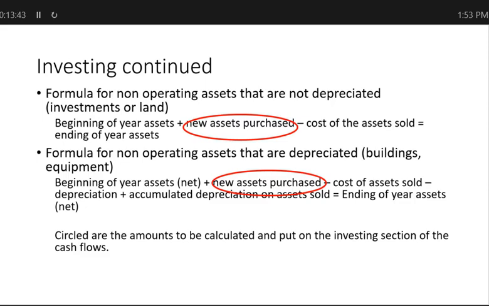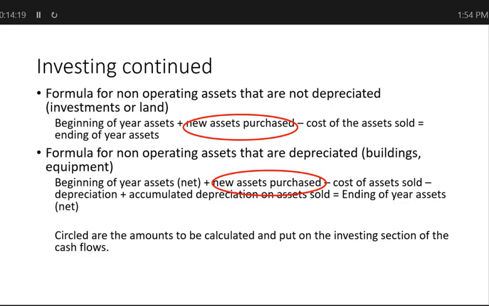So for instance, if we had a non-operating, long-term asset that is not depreciated, like an investment or land, we would have the beginning of the year assets, the ones on January 1st, and the ending year assets, ones at December 31st, and we would add any new assets purchased. But we also may have assets that got sold, and if that's the case, then we have to subtract the cost of those assets sold.